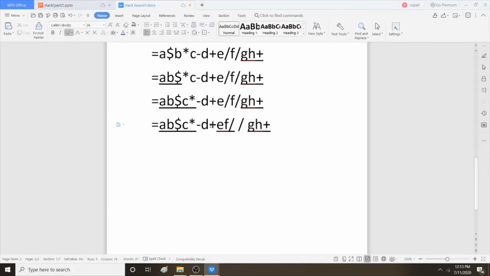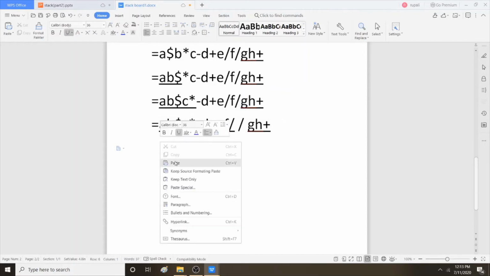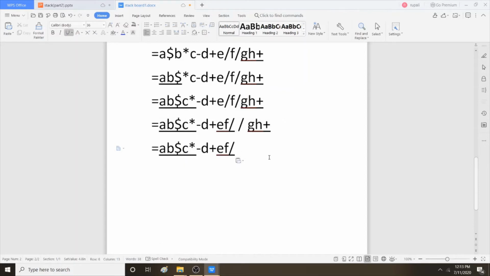So just copy this, then you have to write GH plus. After that, because it is postfix expression now, so this by comes here.